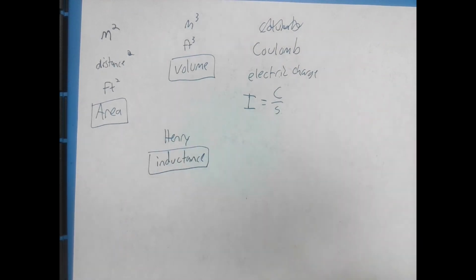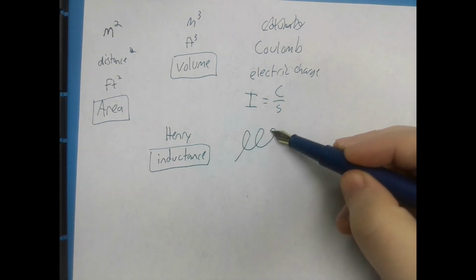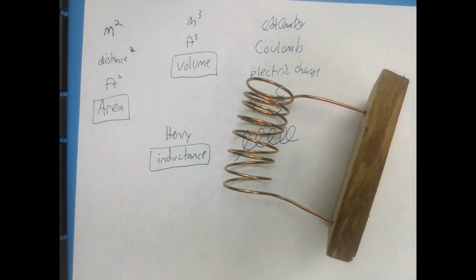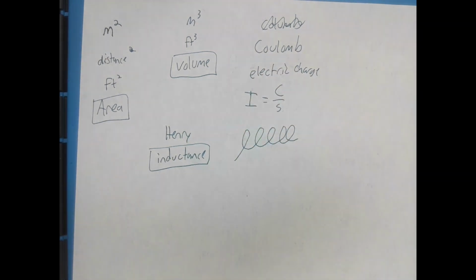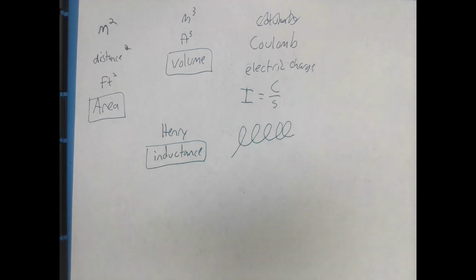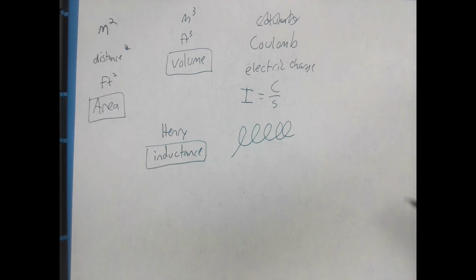So if you were to take some wire and put it in this shape, it's known as a solenoid. And what that's going to do is act as a magnet. When electrons move, they create magnetic fields, and the magnetic fields will then resist the flow of electric movement and slow it down. Basically, it smooths out current.